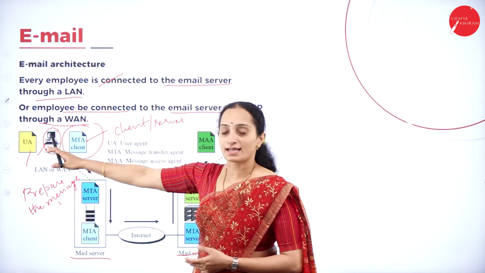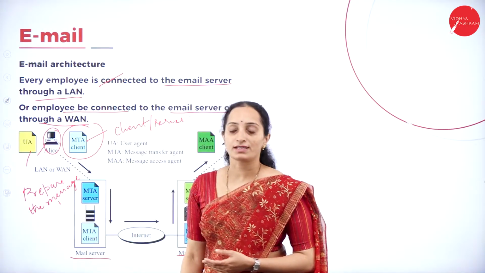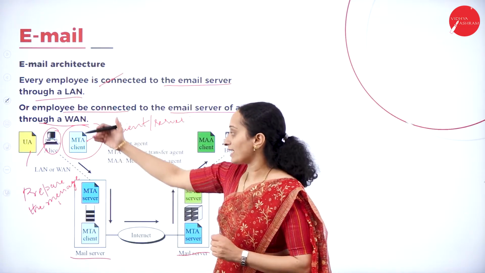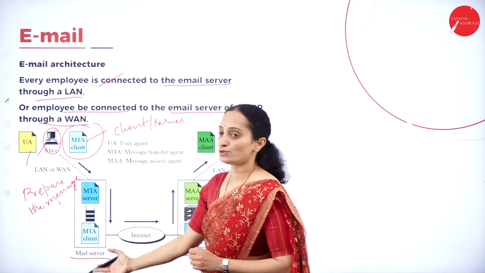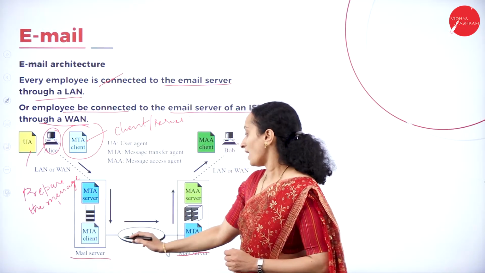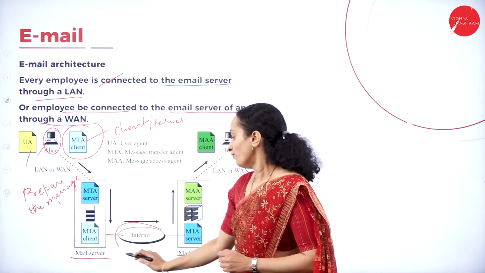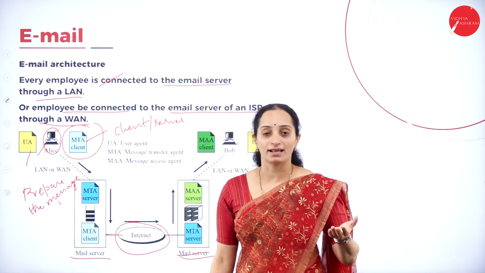So the sender is the client in this program and the mail server is the server. So we have the client server program which transfers the message from the sender or the client to the mail server. Now, the mail server uses the internet to forward the message to the mail server at the receiver end.